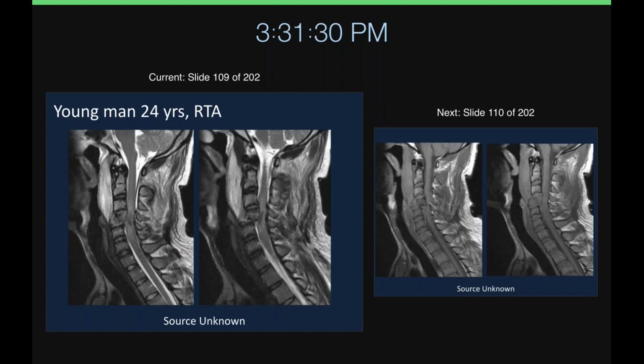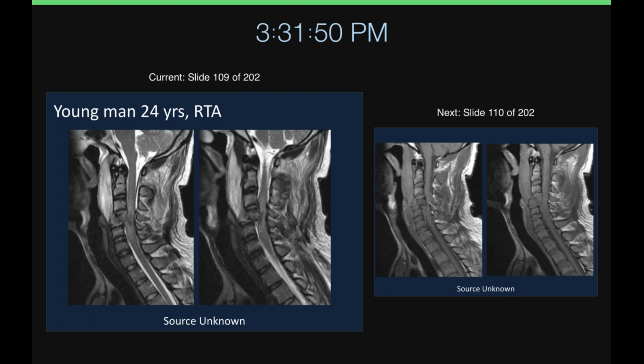Yeah. Okay. Shiv, what do you think of this case? Okay, young man, 24 years, RTA. Okay, so it looks like there's, is that a fracture?